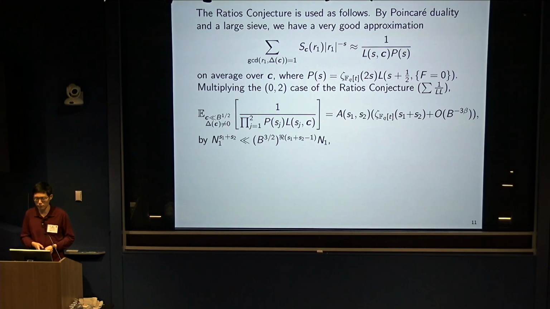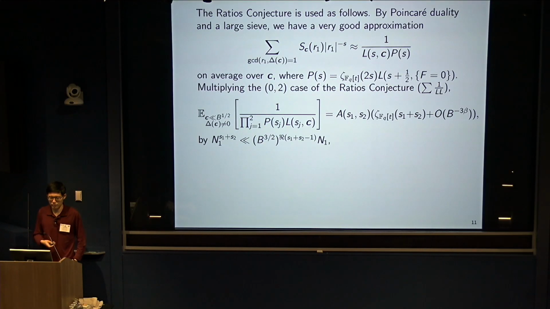And then the ratios conjecture that we use, for example, is essentially that we have a bunch of 1/Ls in the denominator. There are no L's in the numerator, just the denominator. We want to evaluate averages of 1/L over our family of L functions.